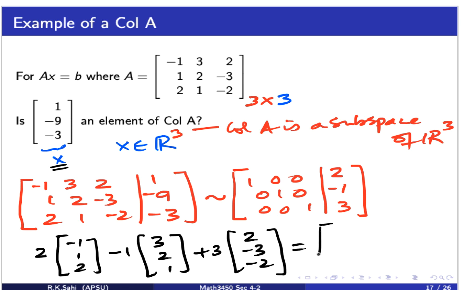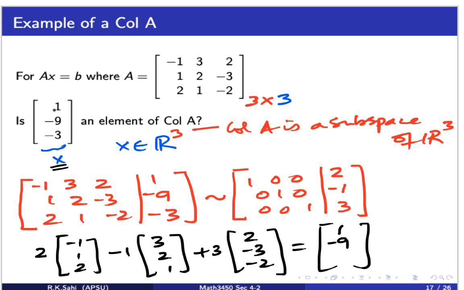This is equal to 2 times -1, -2, -3. Okay, so -2 -3 is -5 plus 6. What do we get? 6 minus 5, a 1. Then 2 minus 2, a 0. And 3 times -3, a -9.